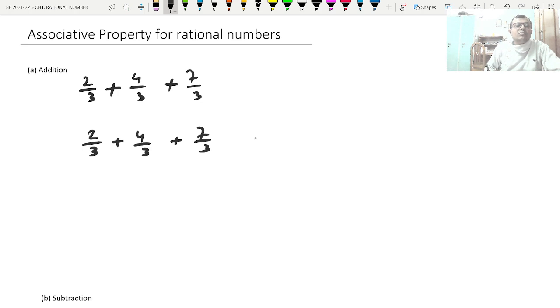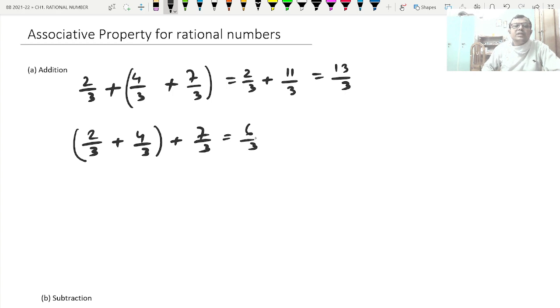Now what we will do, you add these two numbers first and add with this, and here you add these two numbers. So how much will you get? This will be 2 by 3 plus 11 by 3 is equal to 13 by 3. Correct? So this will be 6 by 3 plus 7 by 3.